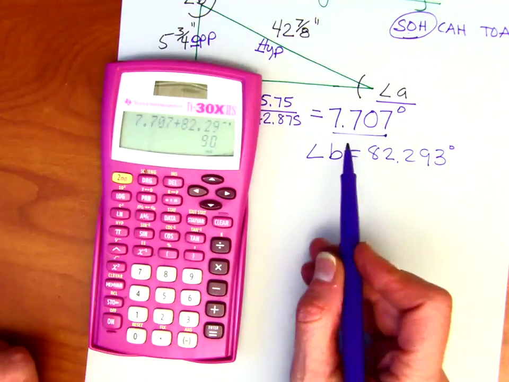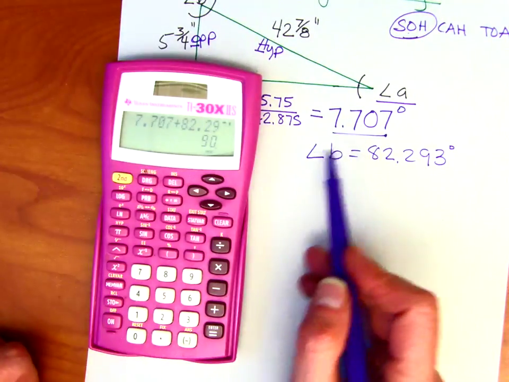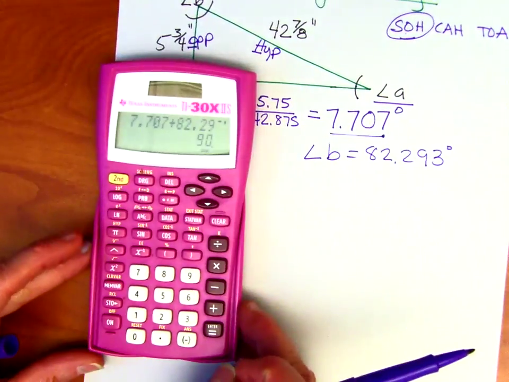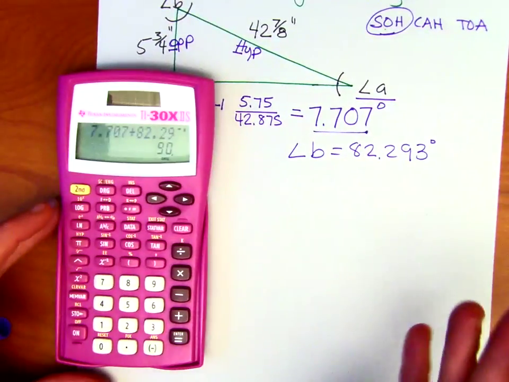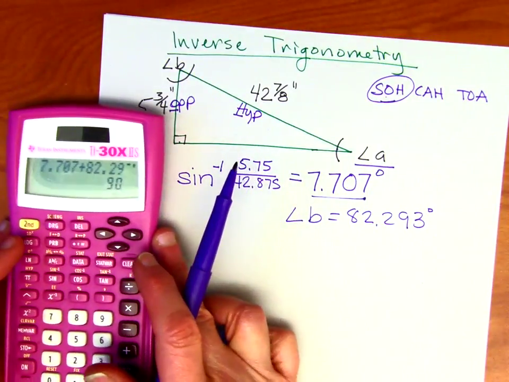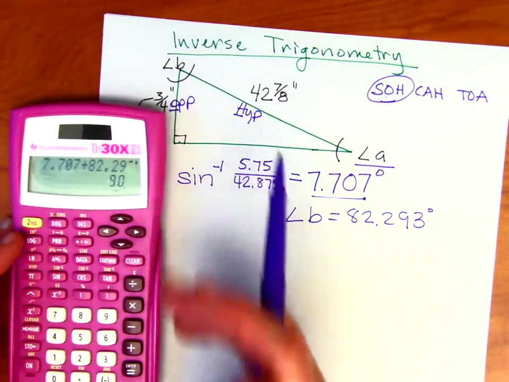So if you weren't believing me with that little trick, I just proved it here that it works out. Okay, so that's one way you could figure out angle B, and that is certainly the easiest way, and I recommend doing it that way.